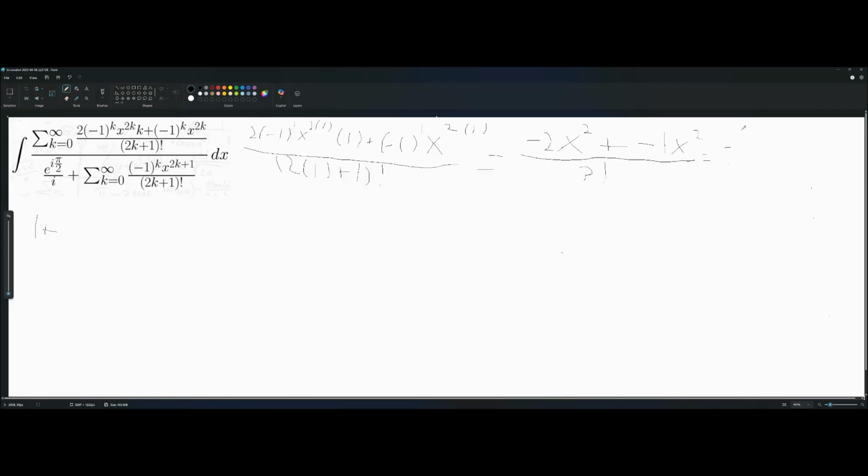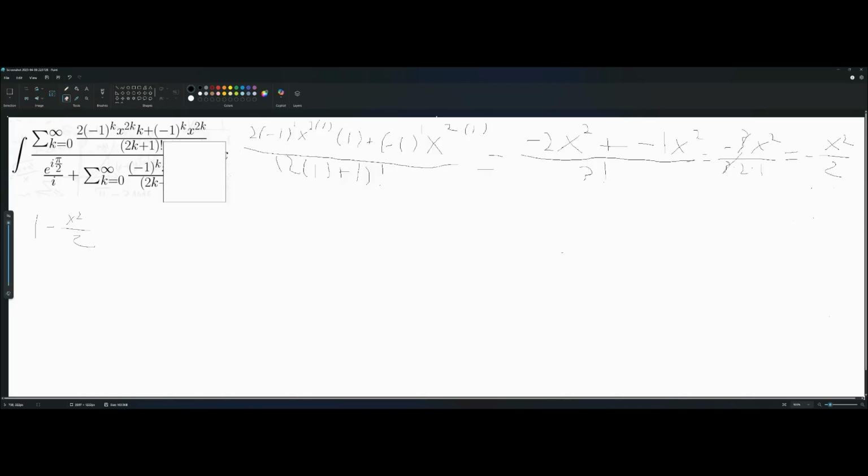That gives us negative 3x squared over 3 times 2 times 1. These 3's cancel out, and we just get negative x squared over 2. So we know our second term is just minus x squared over 2.